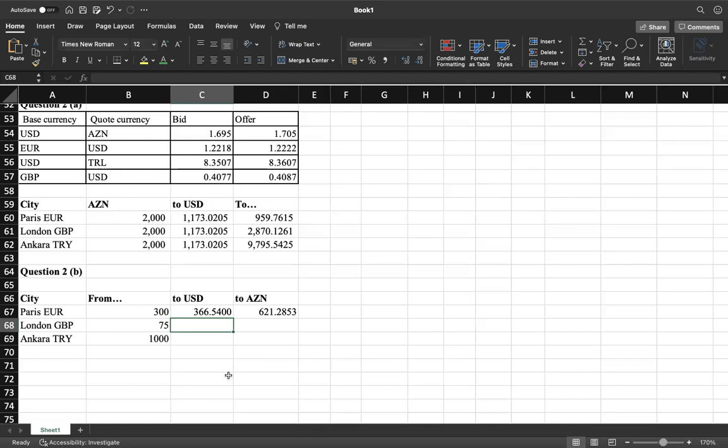We should be interested in one USD price, but we don't have any base currency as USD against British pound. Instead, we have British pound to USD. So instead of using the logic of buying USD, we can also say selling British pound at bid rate.